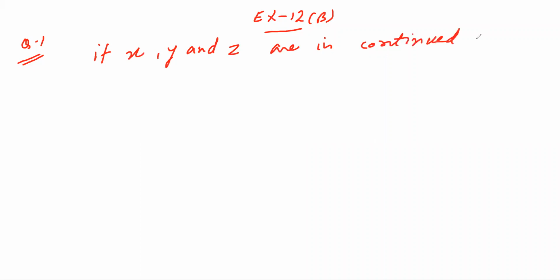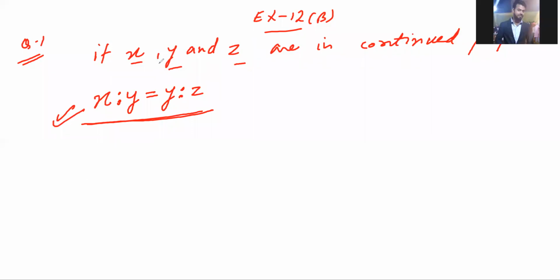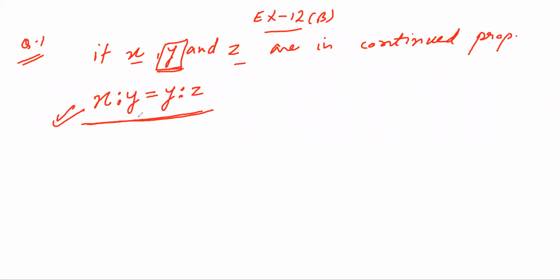Now only 3 numbers are given. When 3 numbers are given, you are going to write x ratio y is equal to y ratio z. This is the relationship between x, y, and z. You need to repeat the middle term 2 times.